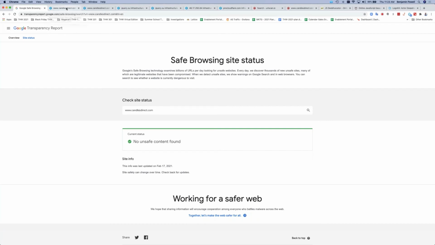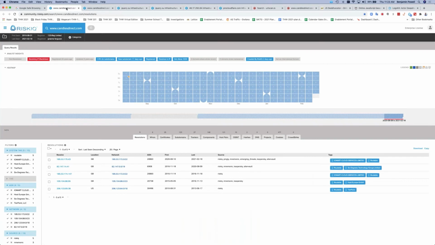But we were told that, hey, back in January, there was a problem with Candles Direct, and you have PassiveTotal, and you're going to now use PassiveTotal to go back in time and see what happened, did anything change, was there anything new, and piece those things together. So when we take a look, we see the analyst insights, and the analyst insights give you some history, some information about what's happening, and we can see that, hey, it's a resolving blacklist.